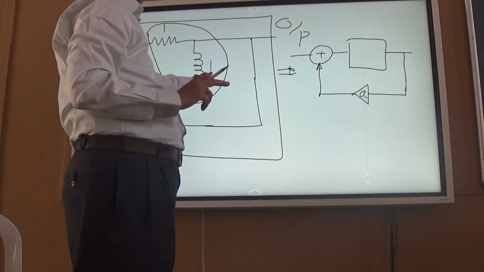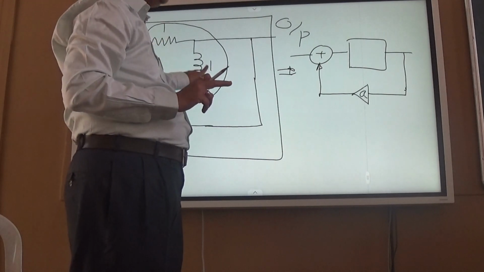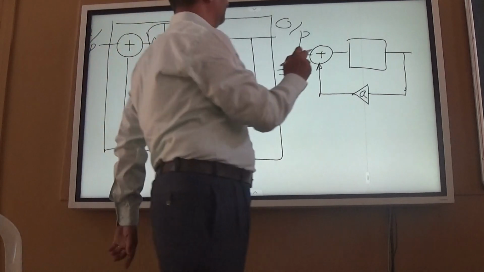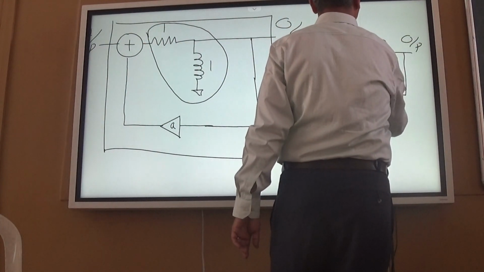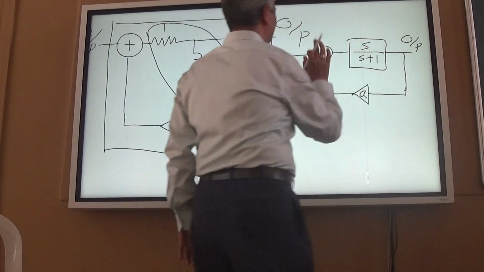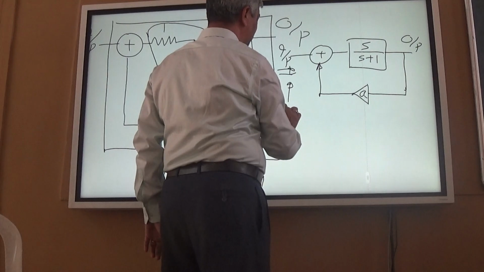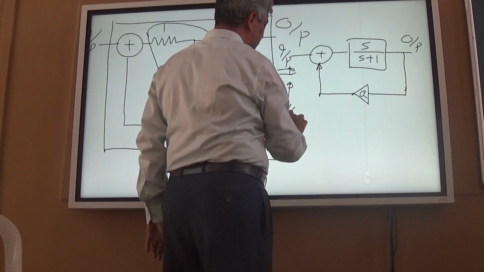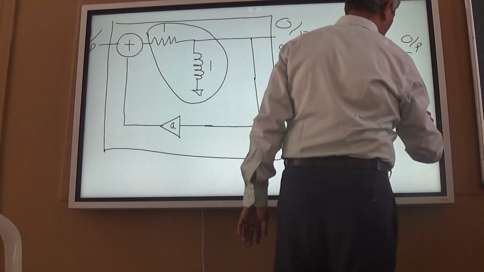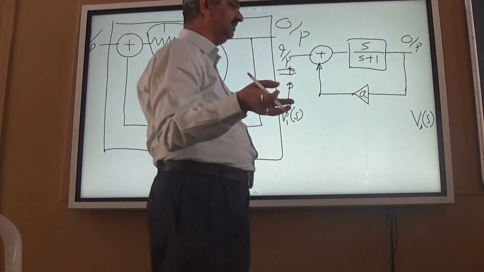S upon S plus 1, right? S upon S plus 1. And while writing input and output, we write V in S and V o S. So this you may now understand.